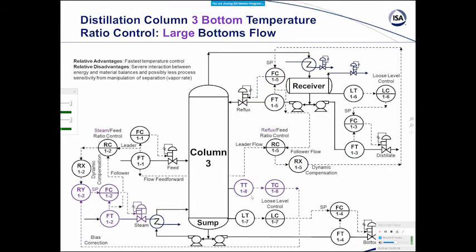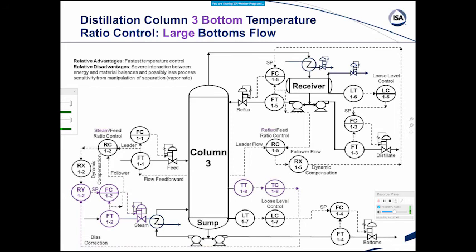Okay, column number 3 here. Now we're dealing with the fact we're controlling at bottom temperature, and in this case we have a large bottoms flow, so the level controller can do its job. And again, it's a loose level controller because it's not affecting the composition in the column, but it's affecting the downstream unit operations where the bottom flow is going to.